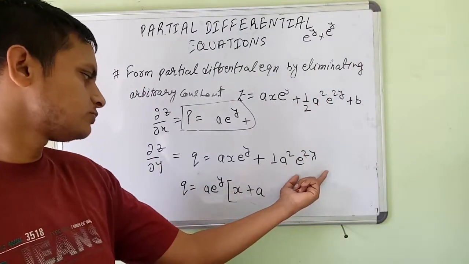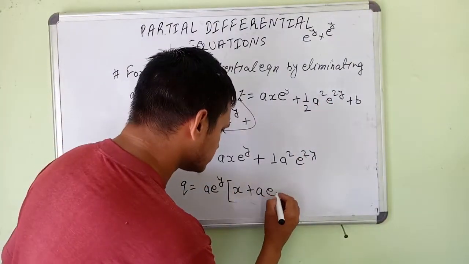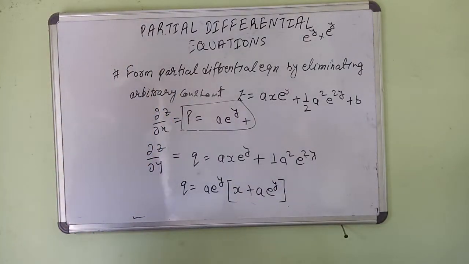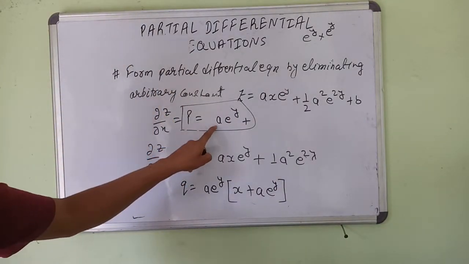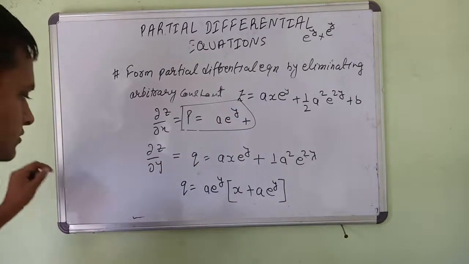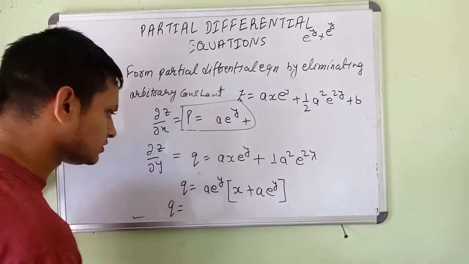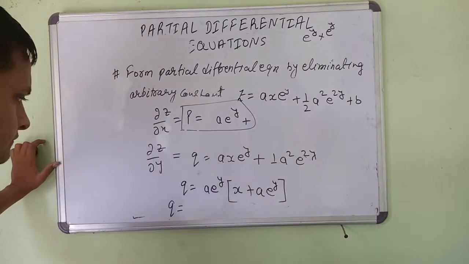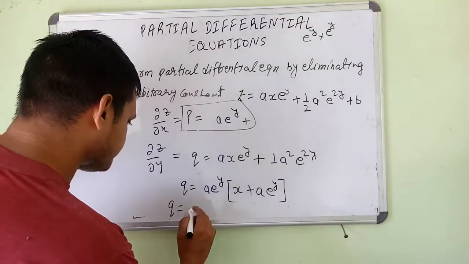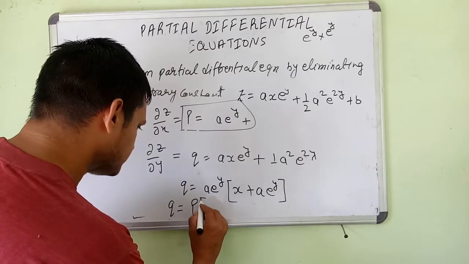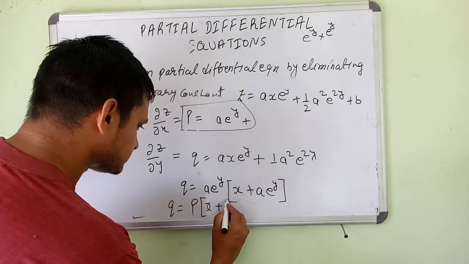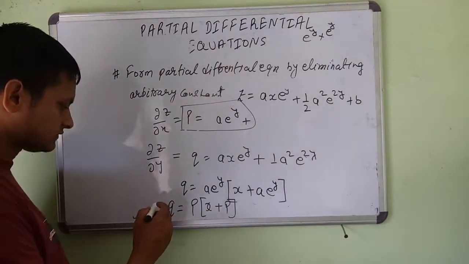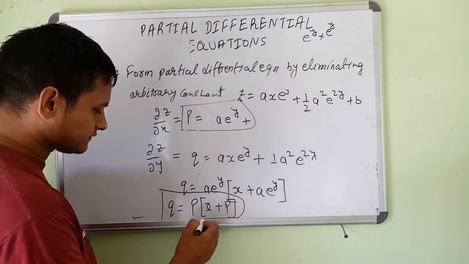One e^y is present, and we know that p = a e^y, so q = p(x + p). So this is our required partial differential equation.